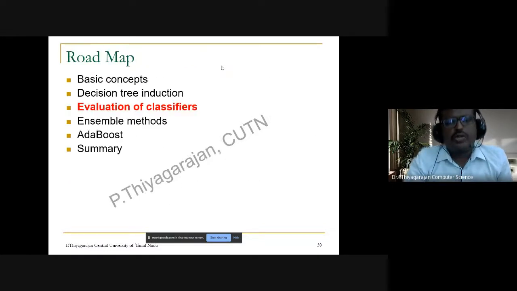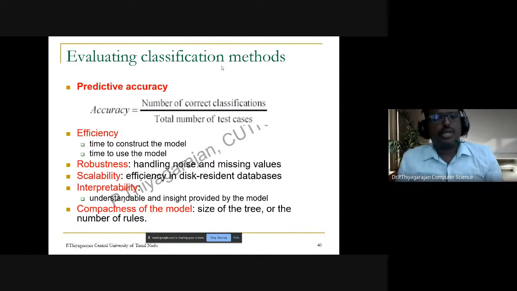Now we have discussed in detail the working of the algorithm. We are going to see how we can evaluate the decision trees. As I said, accuracy is the number of correct classifications divided by the total number of test cases. And one more important point is that the decision tree can also handle noise and missing values.